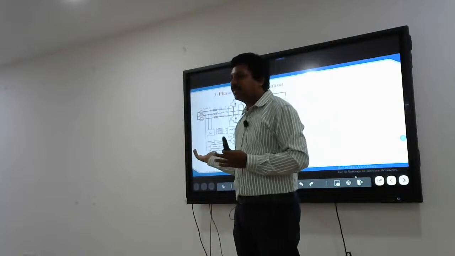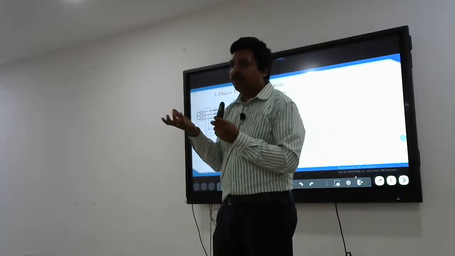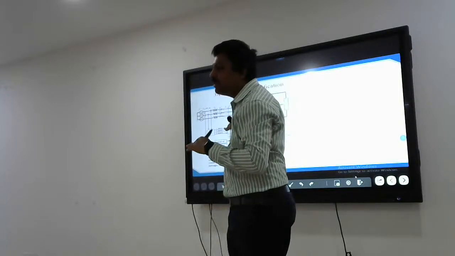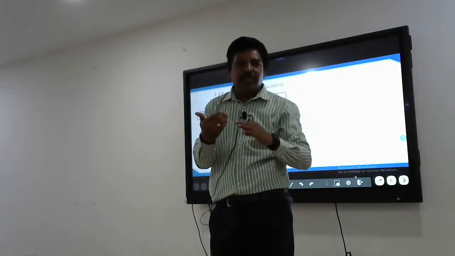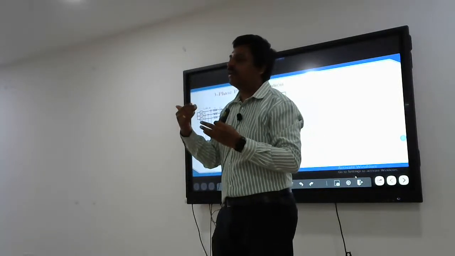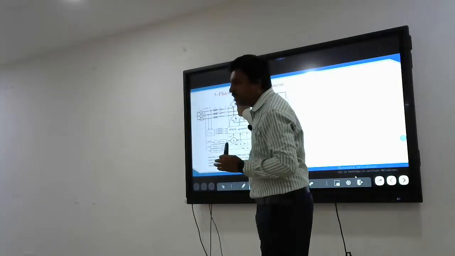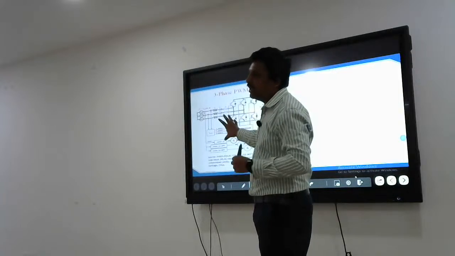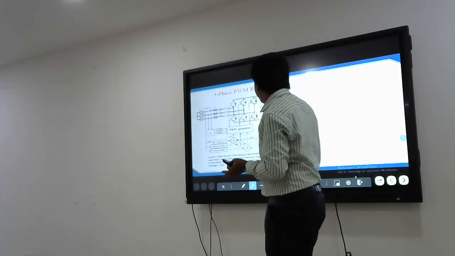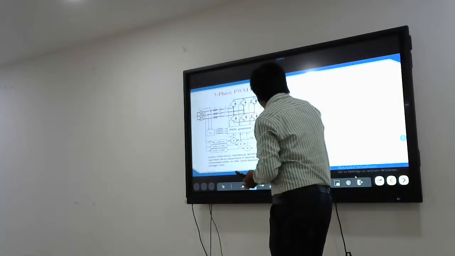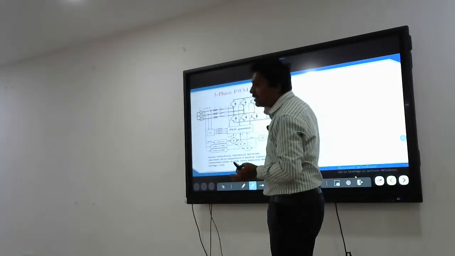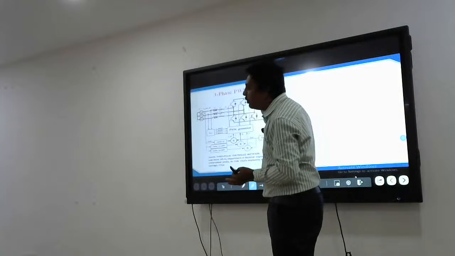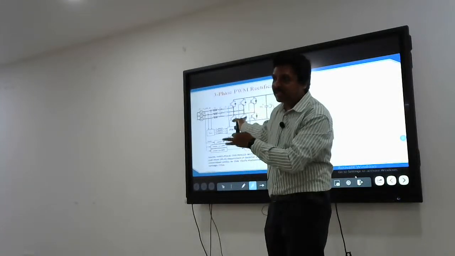How do you synchronize this? There is a PLL. You know how a synchronous generator is synchronized with a synchronizer; here also we do a similar operation. First we bring the voltage to the rated value, then we check the leading, and synchronization is done using a PLL. That is a little complex concept to explain at this point. But the point here is that instead of the load, this can be a battery, and then we can do the vehicle-to-grid and grid-to-vehicle concept as I explained.